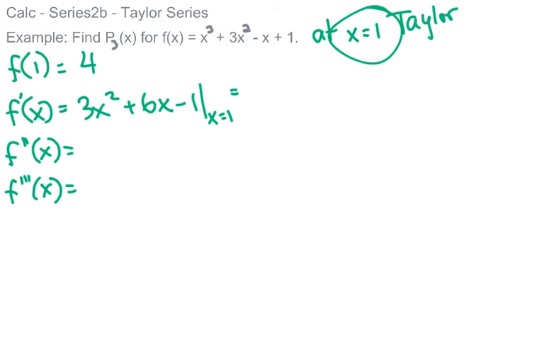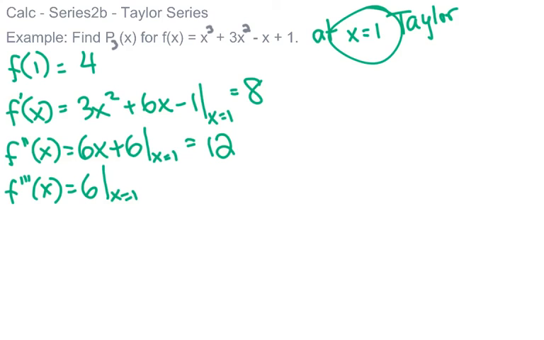And we plug in that, we get 3 plus 6 minus 1, which is 8. That's the second coefficient. And f double prime is 6x plus 6. Plugging in 1 gives us 12. The third derivative is 6, and if we plug in 1, well, we can't. So the coefficient is 6.